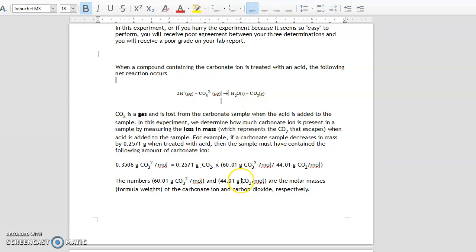The weight of this one is 44.01 grams per mole. So again, you have to work with the relative molar masses of those 2 to determine how much you get. So if you had, for example, 44.01 grams of this released, you would know that 60.01 grams of this must have been present in the initial material.